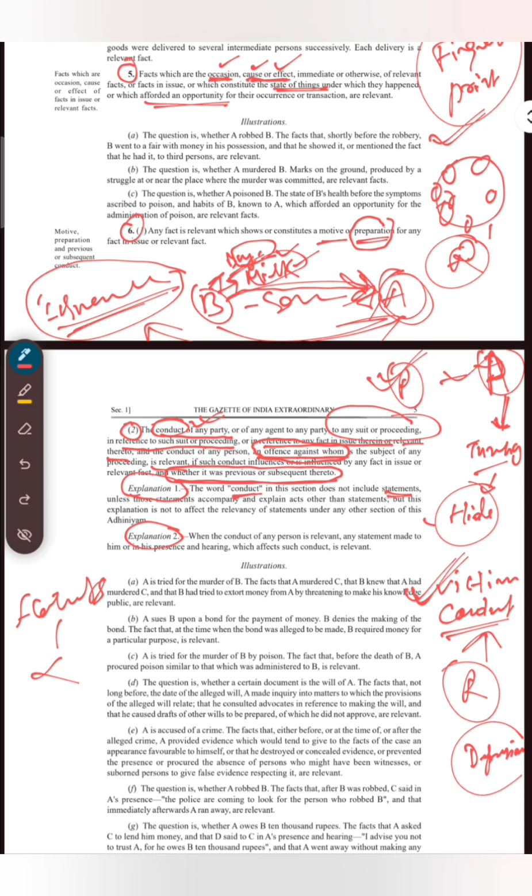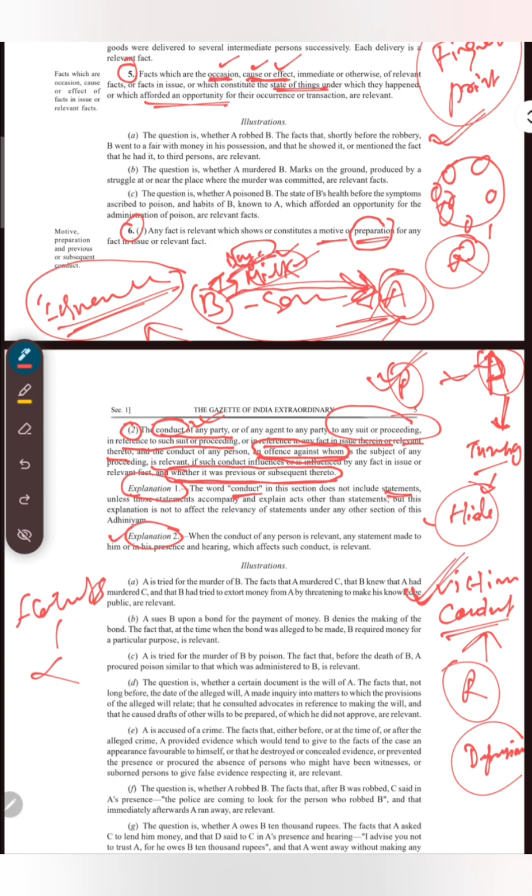However, if the statement is relevant in any other section of this Adhiniyam, in that case the statement may be relevant here also, but not generally.